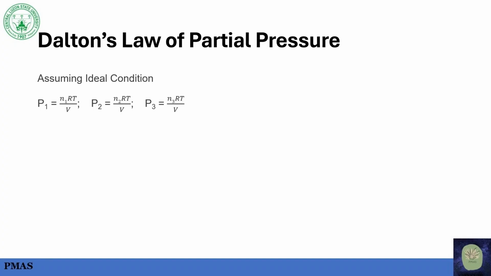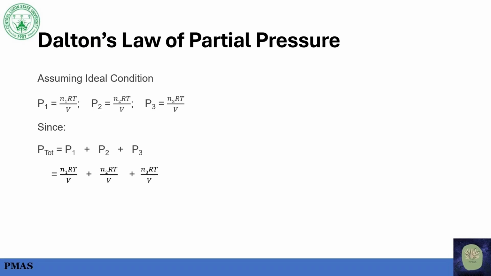Now, when we have an ideal gas condition, every pressure is equivalent to the moles, the gas constant, and temperature, divided by the volume. Then for the next gas, the moles of that gas, and so on. Since the total pressure is the sum of all partial pressures, we can add N1RT over V, N2RT over V, and so on, depending on how many gases there are.